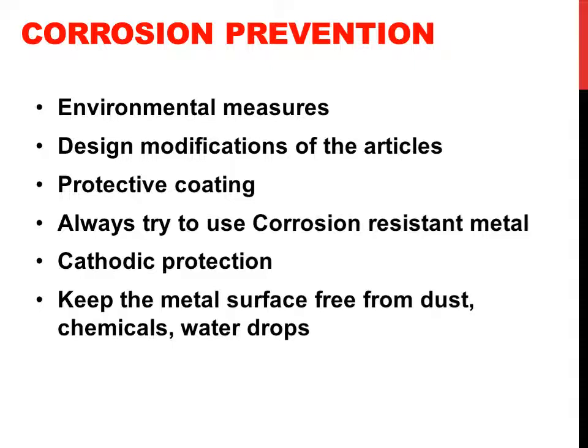The rate of pitting corrosion can be minimized by keeping the metal surface free from dust, chemicals or water drops, so that there will be uniform distribution of oxygen on the metal surface. So these are all various concepts that we can apply to minimize the rate of corrosion, and also to prevent the corrosion process.